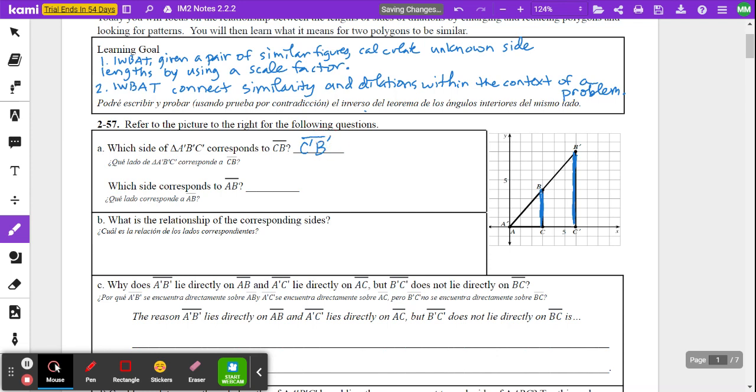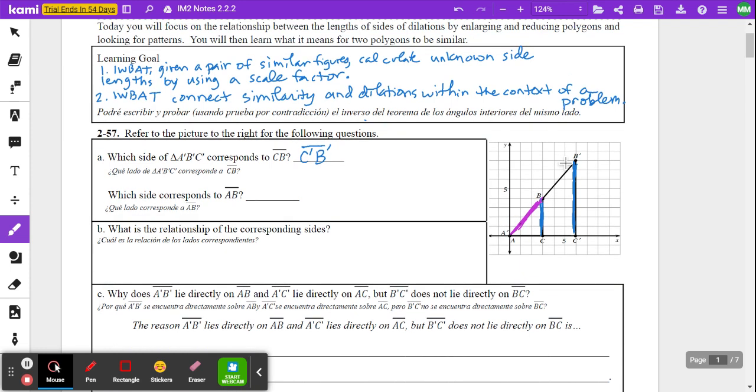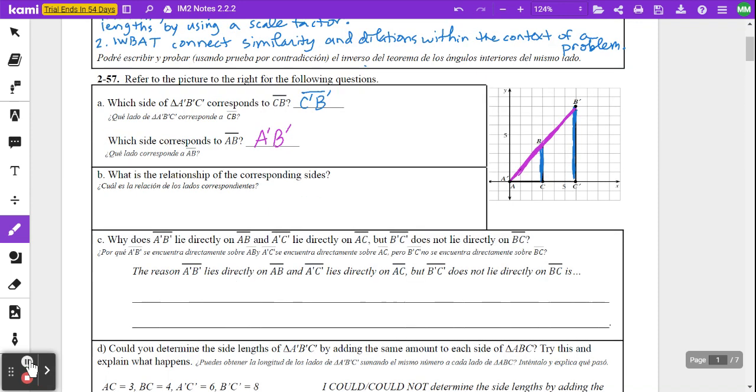And which side corresponds to AB? Okay, here's AB. I'll use a different color. I can see that corresponds to its longer version, A prime, B prime. And the relationship between these corresponding sides is that they are parallel.